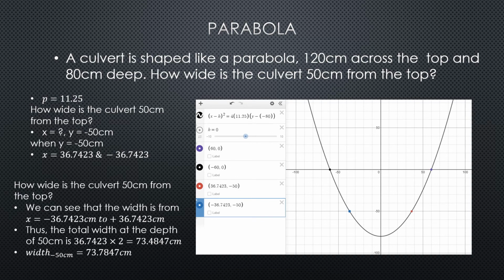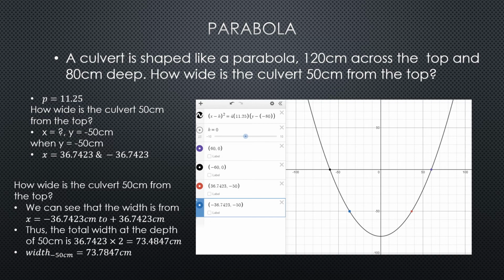So now that we have the x components and the y component at negative 50 centimeters, we can plot those points, and we see that they in fact do fall on our parabola. Now the question is asking what's the width at that depth.